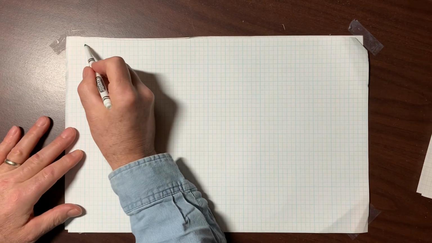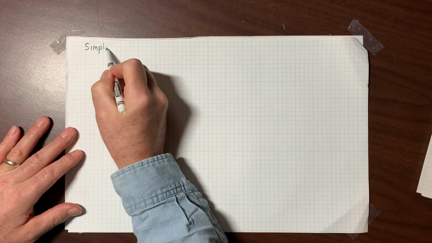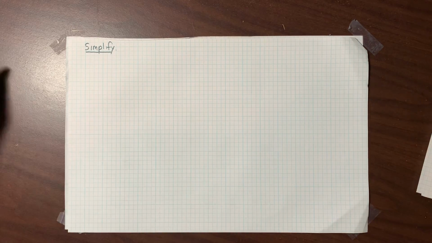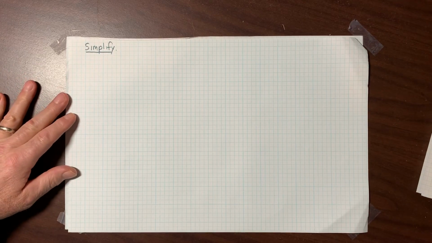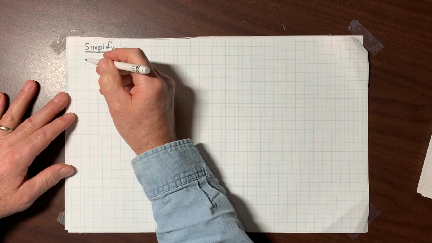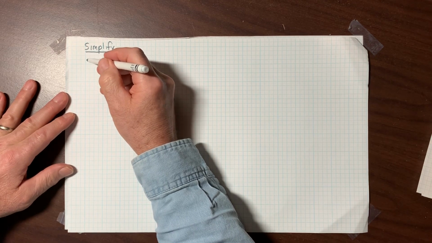The directive is going to be simplify. So I'm going to give you an expression, and you're going to be charged with simplifying the expression. You're going to be using 2 things, the identity toolbox and your finely honed algebra skills.